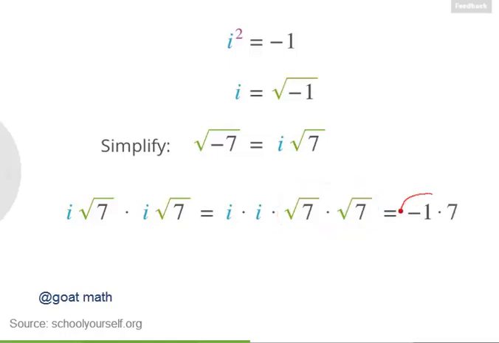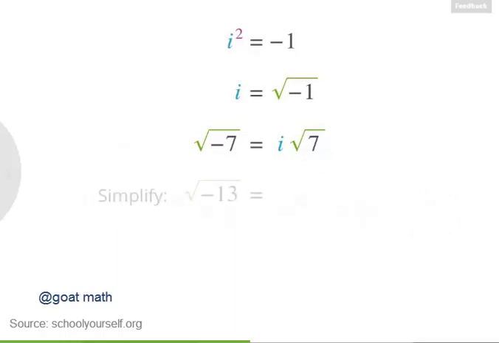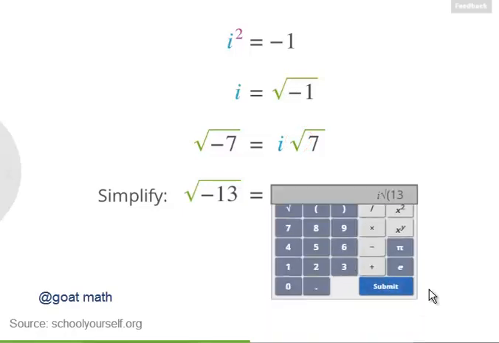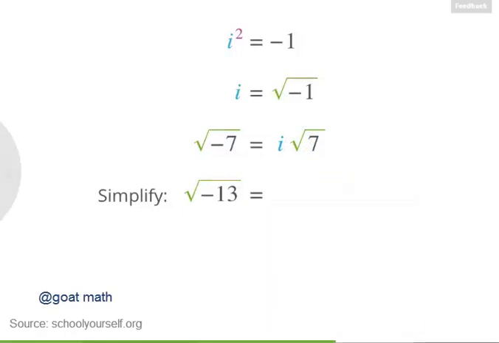And sure enough, -1 times 7 is -7. So this is the correct answer. So then how would you simplify the square root of -13? Your answer should include the square root symbol. Nicely done. So you can write the square root of -13 as i times the square root of 13. This is the simplified expression.